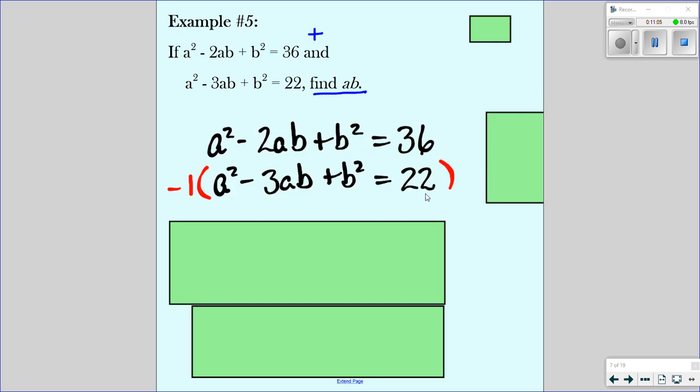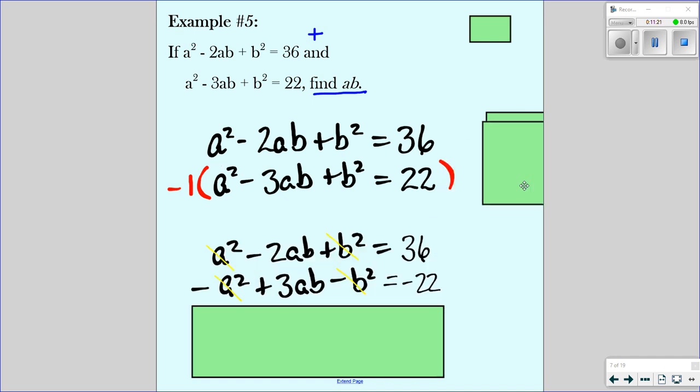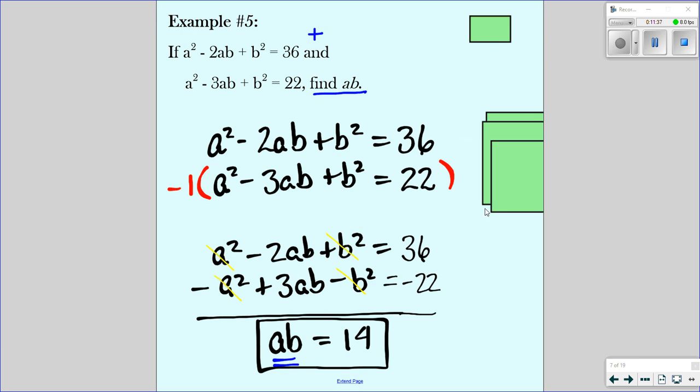And I would use elimination because I noticed that if I want to solve for AB, I need to eliminate A squared and B squared. But notice that when I multiplied by -1 to one of them, both A squared and B squared become opposites of each other. So now I can cancel both of them at the same time, and then make sure I distributed the -1 to each term, and then I add them.